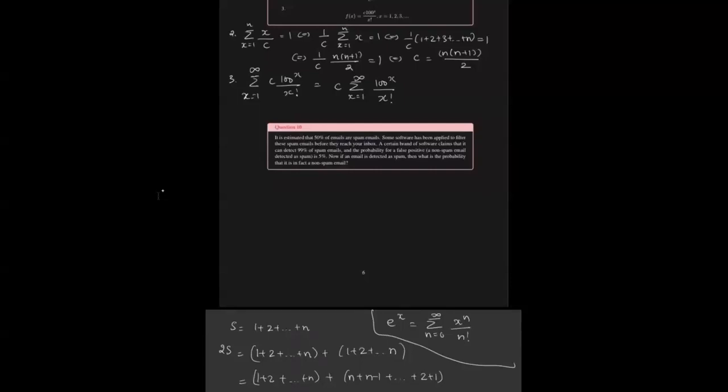However, we see that if we add this term, then I will have this series here. So what I can say is it is equal to the summation starting from 0, subtract the value when it is 0. And the summation is e to the power of 100, and the other term is just 1.